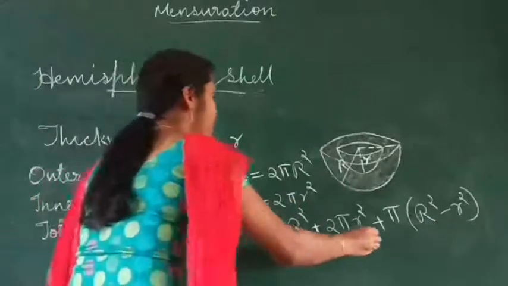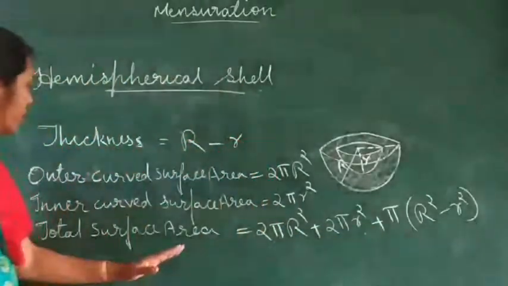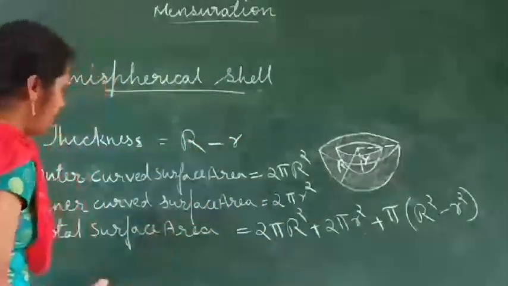So this is the total surface area of the hemispherical shell.